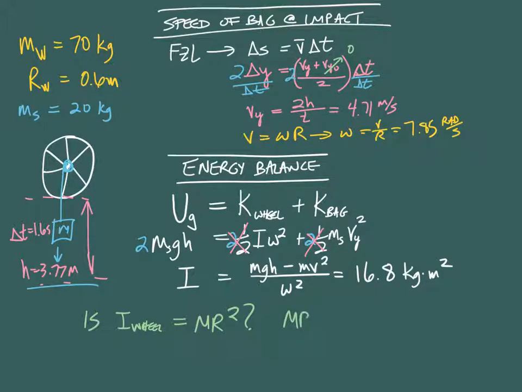Well, mr squared, the mass of the wheel, so this would be our capital M, if you will, 70 kilograms, and the radius of the wheel would be our 0.6 meters squared, and this works out to be 25 kilogram meter squared. So it looks like it's not a good approximation.